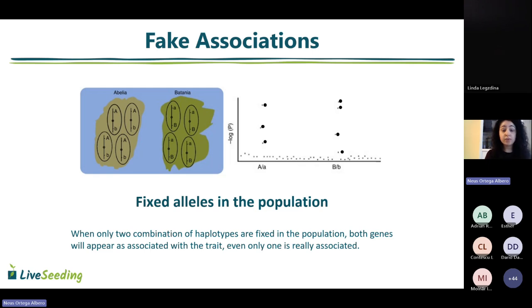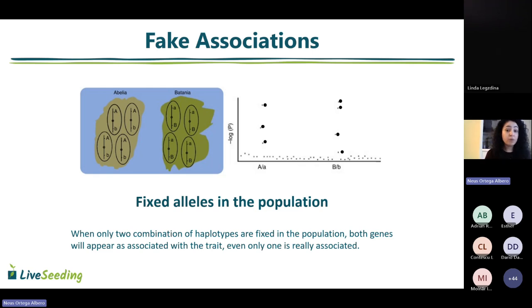For example, if we have fixed alleles in the population: in the GWAS study, we are supposed to represent all the possible variability, phenotypically and genetically. We represent all the alleles of the genes that are controlling the trait we want to study.